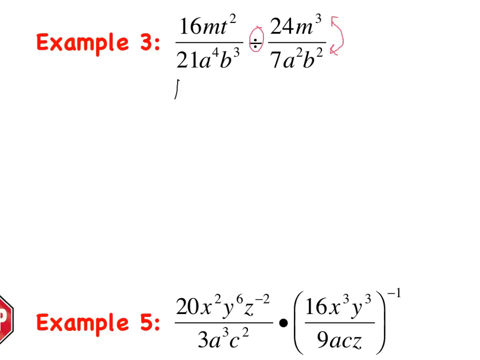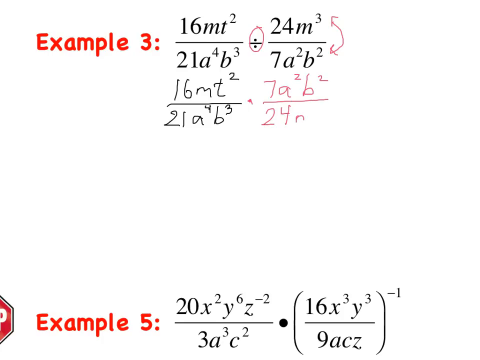So we really have 16mt squared over 21a to the 4th b cubed times the reciprocal, so 7a squared b squared over 24m cubed.